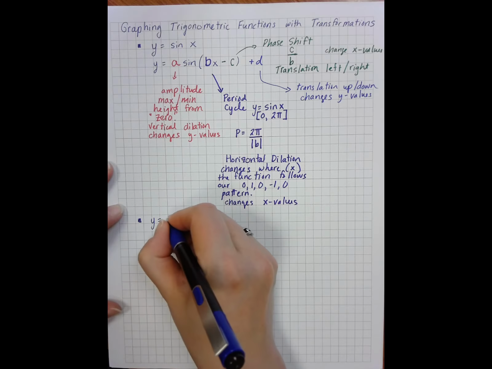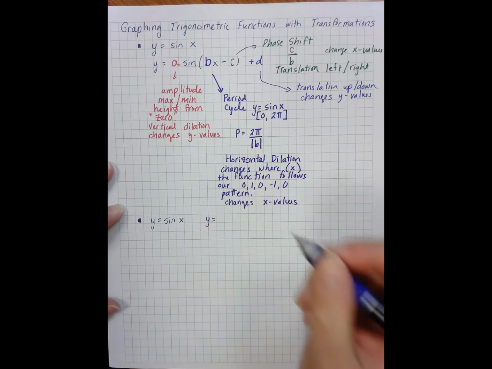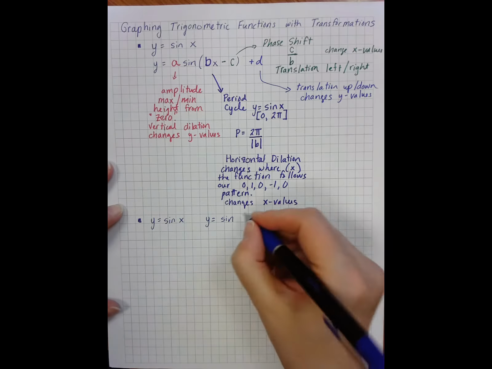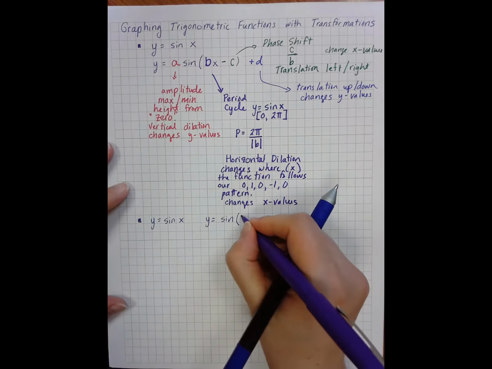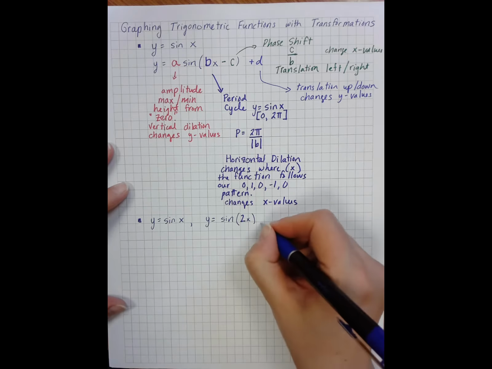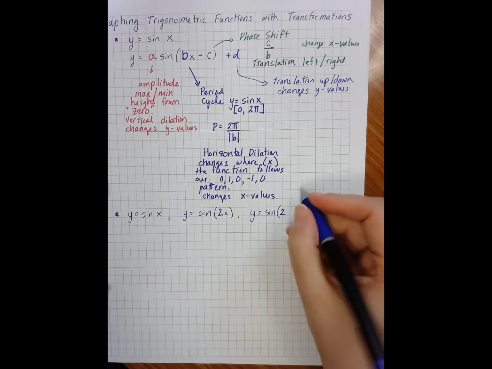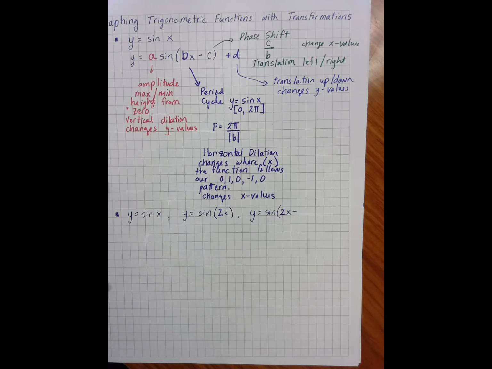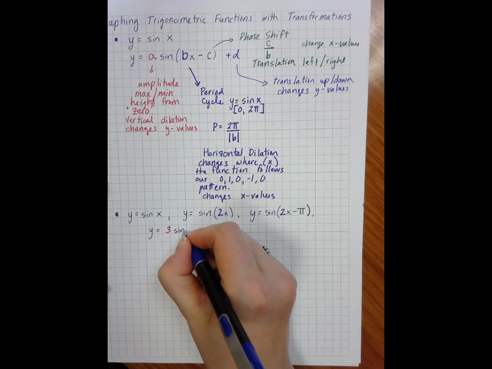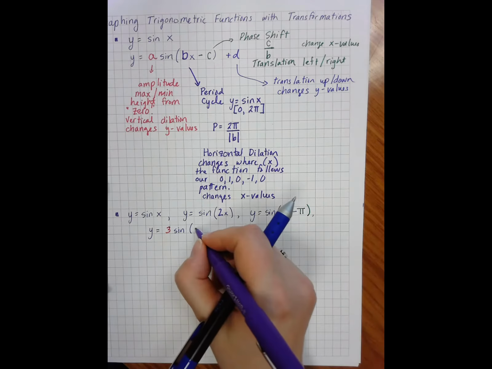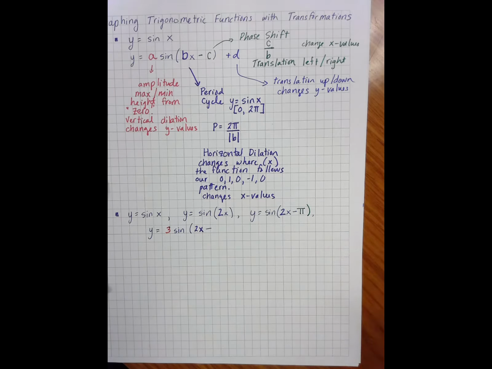We're going to look at y equals sine x, y equals sine 2x, y equals sine of 2x minus pi, and y equals 3 sine of 2x minus pi plus 1.